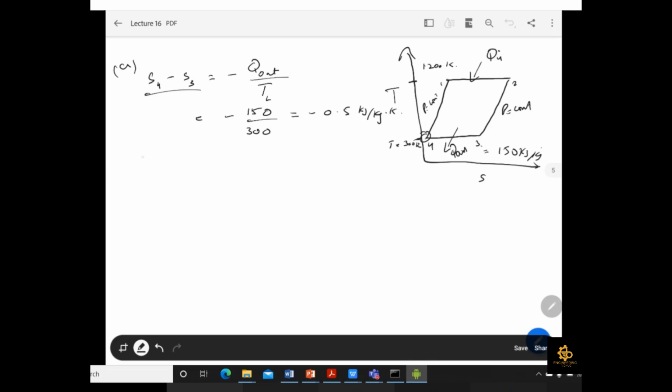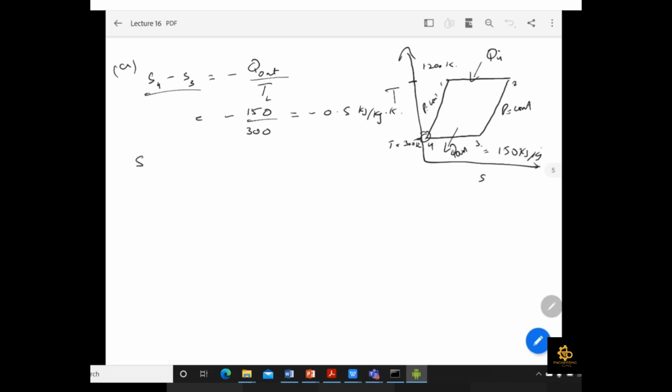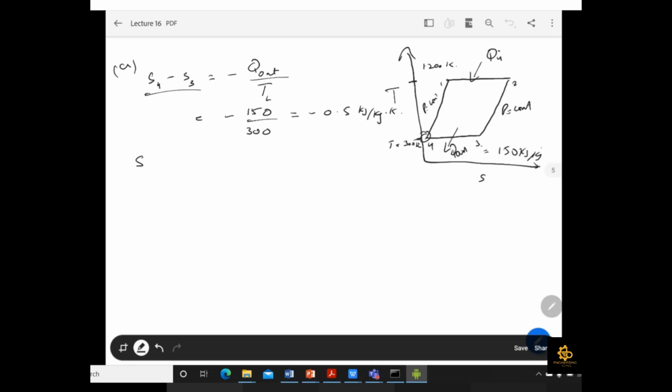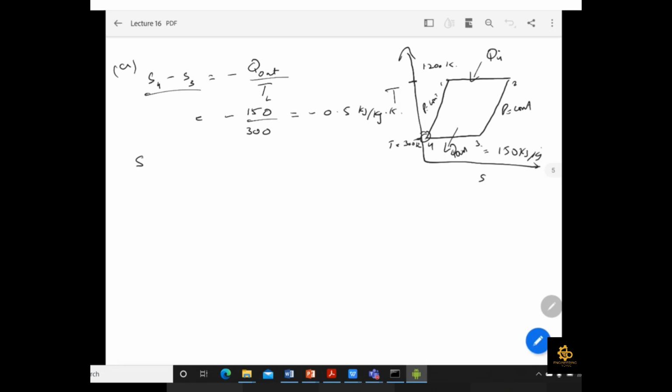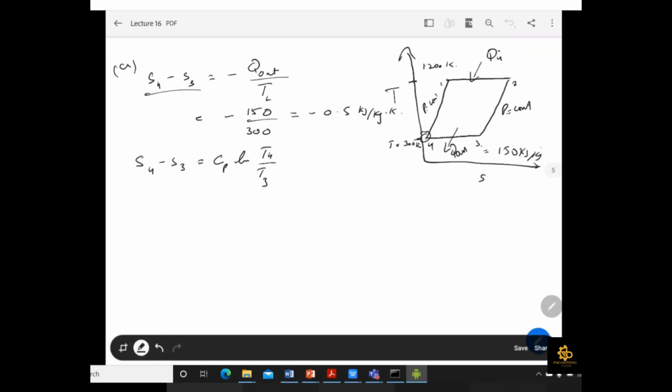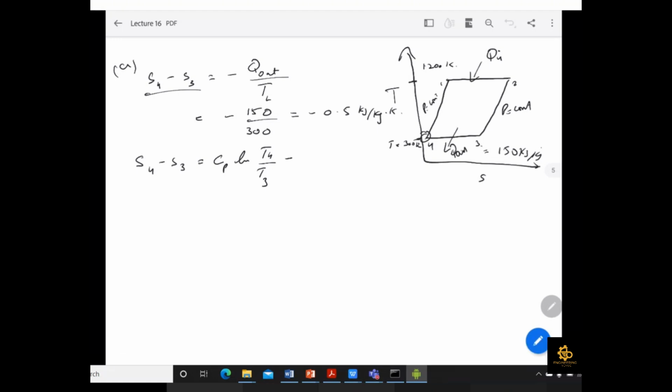Now another relation we already know is equation 7-31. S4 minus S3 is equal to Cp log of T4 over T3 minus R log of P4 over P3. Because 4 to 3 is an isothermal process, the first term can be eliminated.